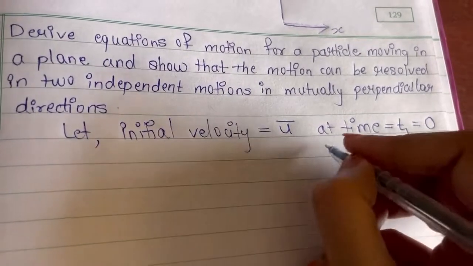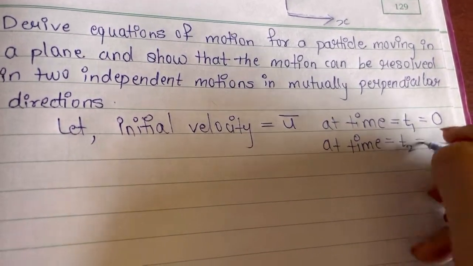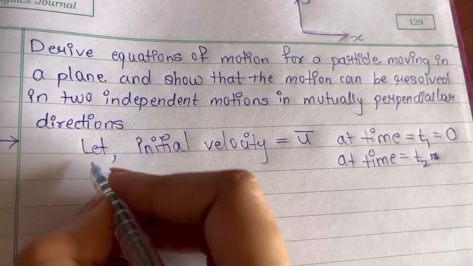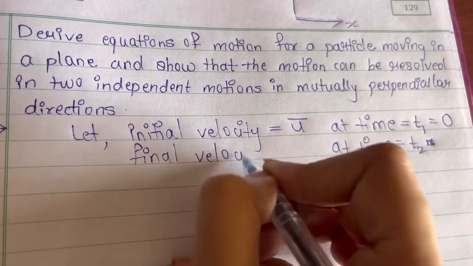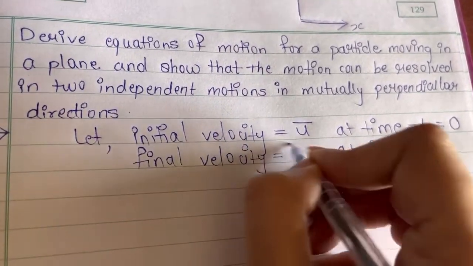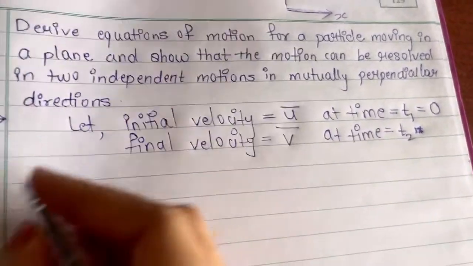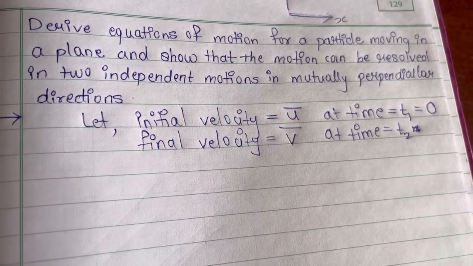Now after some time, at time t2, the final velocity is vector v. Now you have the initial velocity and you have the final velocity.